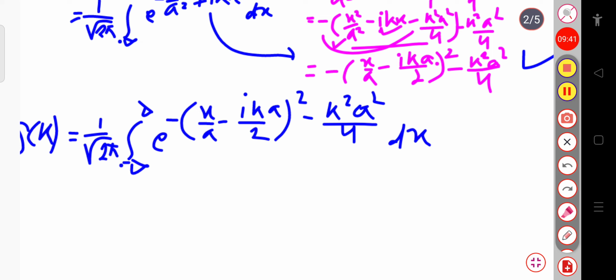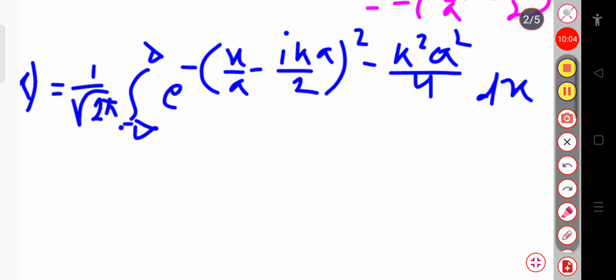Since this integration contains x only, that is we have to integrate with respect to x, we can take exponential minus k square a square divided by 4 as my constant. So it can be taken outside of the integration.